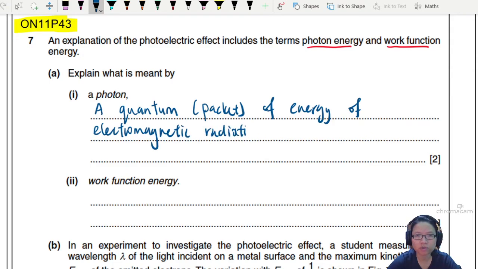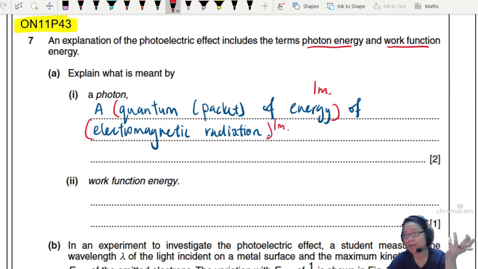The first mark is when you mention quantum or packet of energy. The second mark is when you say this is electromagnetic radiation, so it can be all the way from radio wave to gamma.